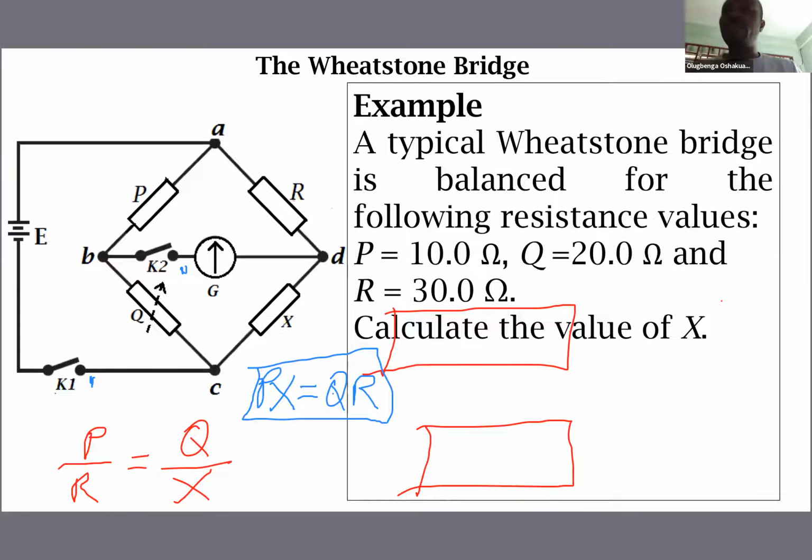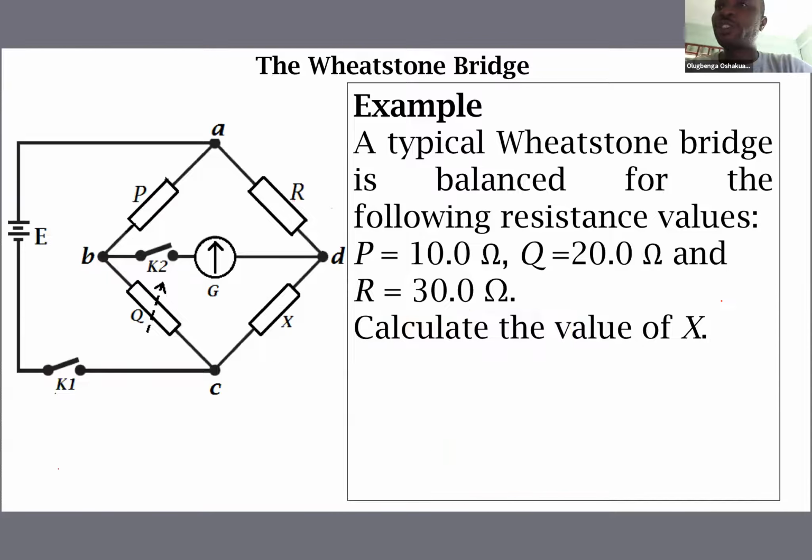Okay, so now we have an example. The example is saying we should calculate the value of X. This is a typical Wheatstone bridge. It is balanced. When we say it is balanced, it means when we close the keys, current will not flow.